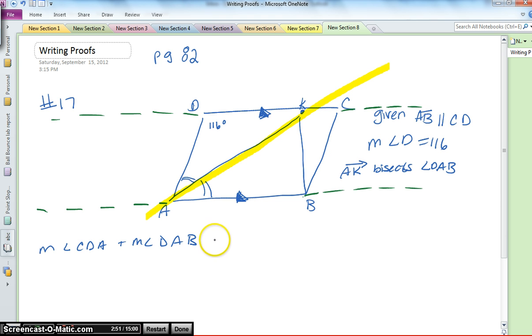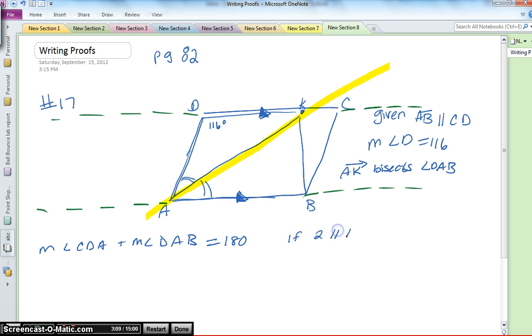Measure of angle CDA, this guy, plus measure of angle DAB, this guy, have to equal 180. And why?